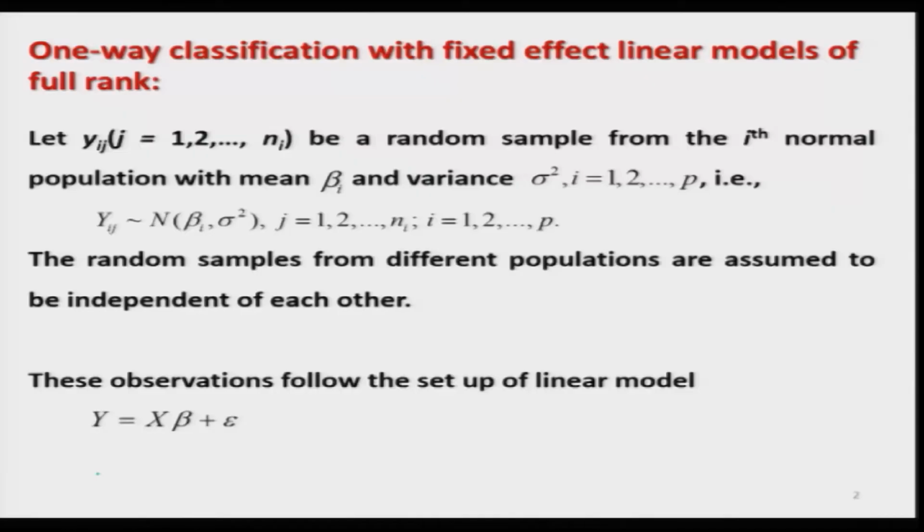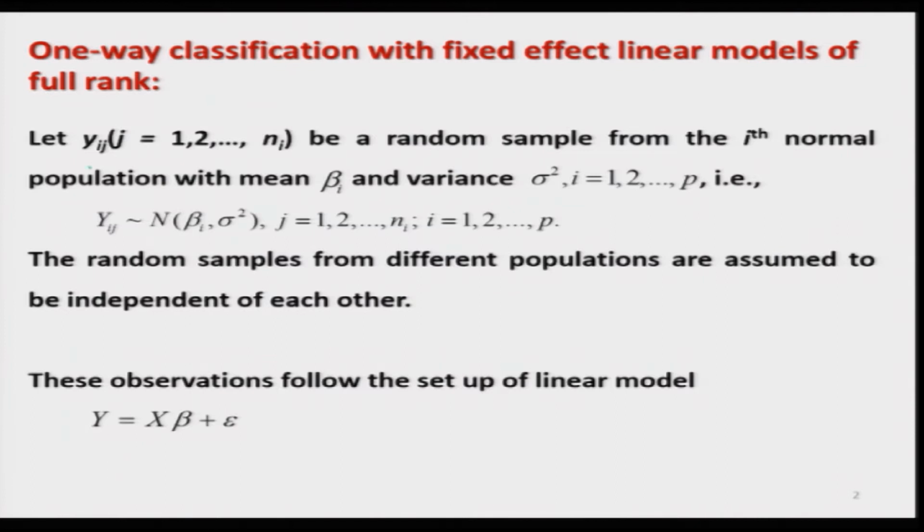You can recall that in the earlier lecture we had considered this model in which we have random samples from p normal populations which differ only with respect to the mean, and their variances are going to be the same.